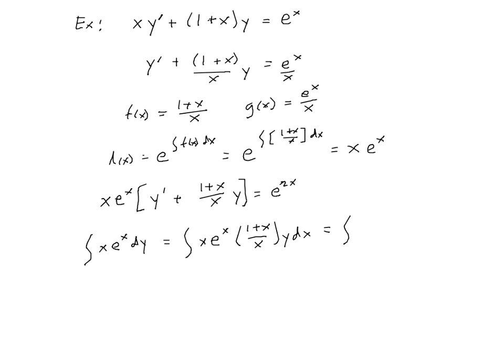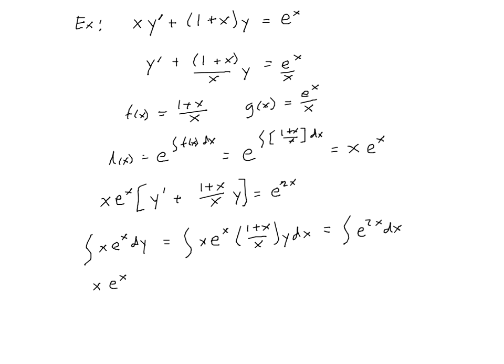And that in turn is going to be equal to the integral of e to the 2x dx. So you have to solve all three of these integrals. And when you solve the three integrals and set them equal to each other, that should give you your answer.